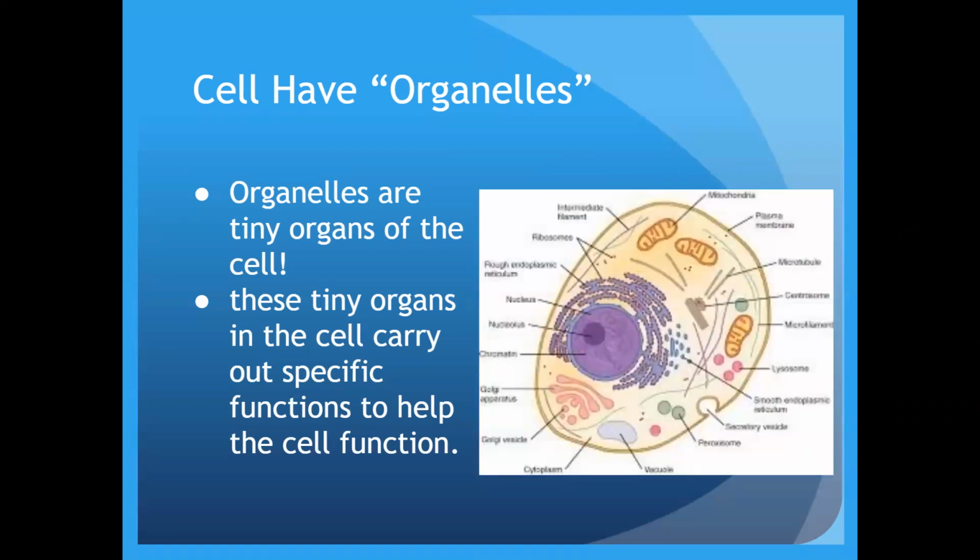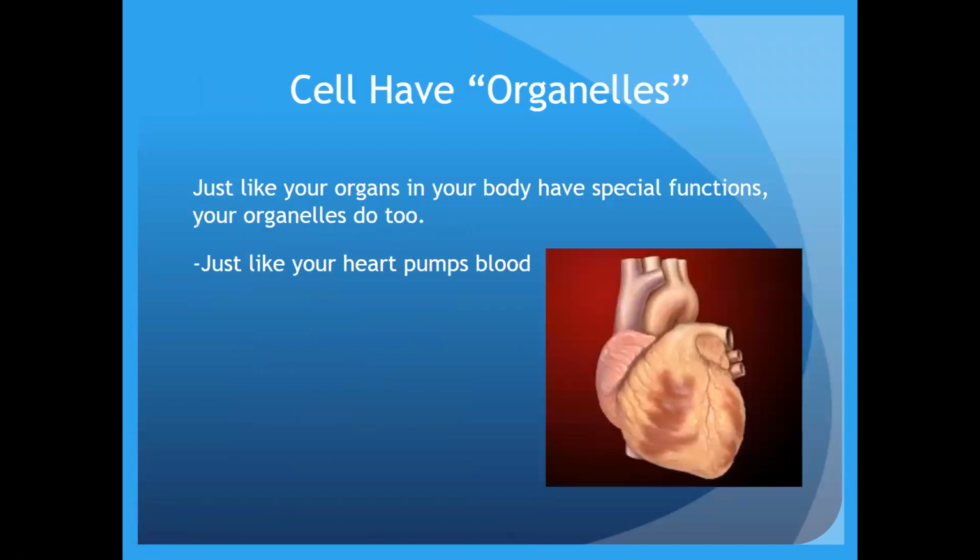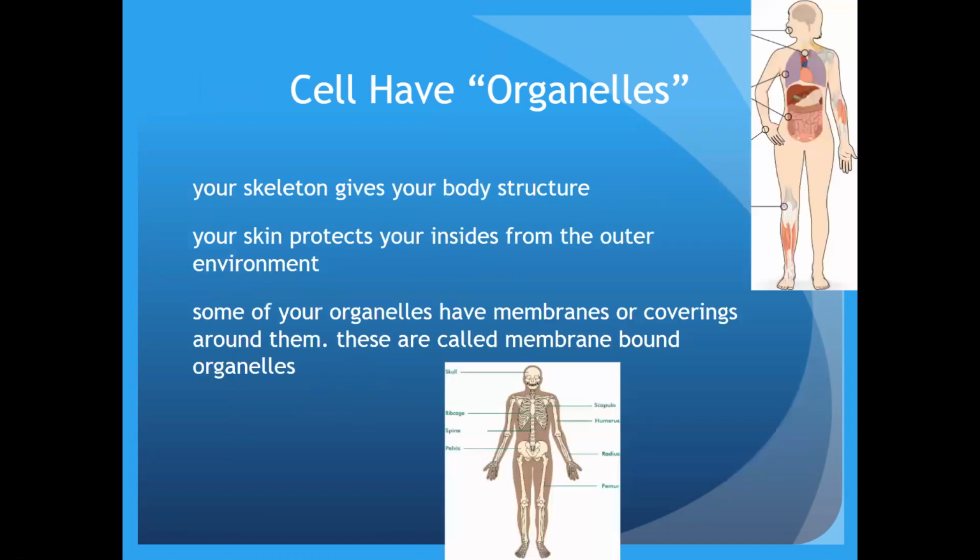So see, the cells have many different organelles. Again, just like your organs in your body have special functions, your organelles in your cells have special functions too. Just like your heart pumps blood, your heart is an organ and its function is to pump blood. Your cells have organelles that have different functions that help your cells to survive.